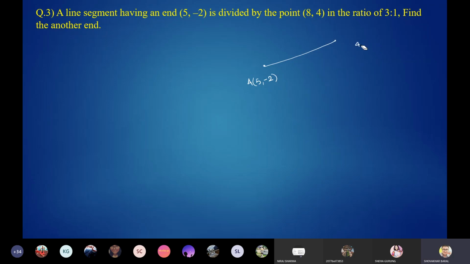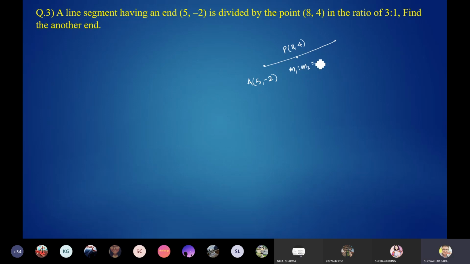Please don't write this. A line segment having an endpoint, one endpoint 5 comma minus 2, is divided by the point 8 comma 4. So this point is somewhere between A and B. This point is the point of division, 8 comma 4. This point divides in the ratio 3:1.